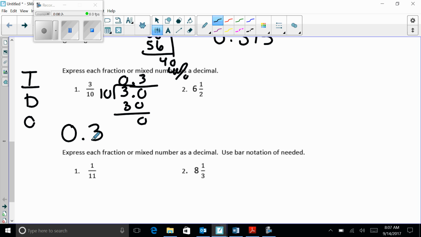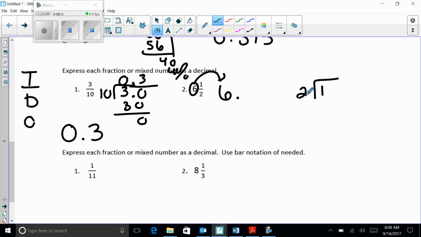Okay, so number 2, you see that we have a mixed number. So a mixed number, you can do several things. You can either use around the world and turn it into an improper fraction, but the easiest thing to do is to take this whole number and just go ahead and carry it and write it down in front of the decimal. So now I'm just using the fraction to divide like we did in the previous examples. So 1 goes inside the house, 2 goes outside.